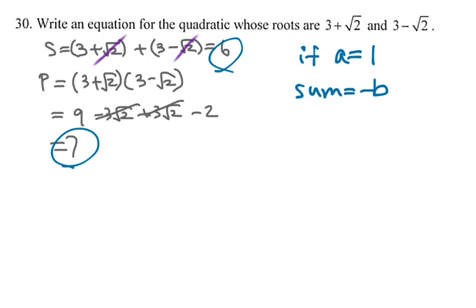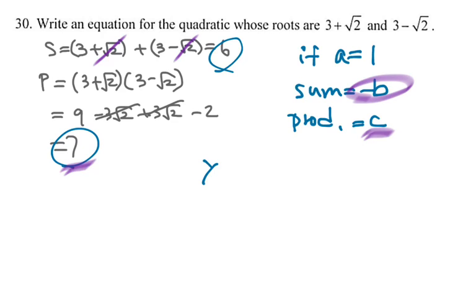In other words, it should have been negative b over a, but a is equal to 1, so negative b would have been the only one that's left. And then product now becomes c. Now that means whatever I got as a sum would be negation of b, as you can see over here. Whatever I got as a product, that is in fact equal to c.